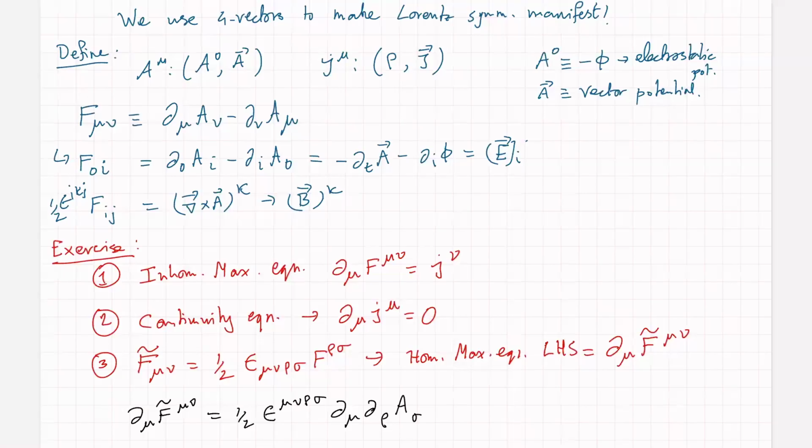And now this thing vanishes because there are two partial derivatives with mu and rho indices. So this has to be symmetric under exchange of mu and rho, whereas it's contracted with mu and rho that appear in the epsilon tensor, which is completely antisymmetric. So this is antisymmetric under exchange of mu and rho, this is symmetric under exchange of mu and rho, which means that this is identically 0.